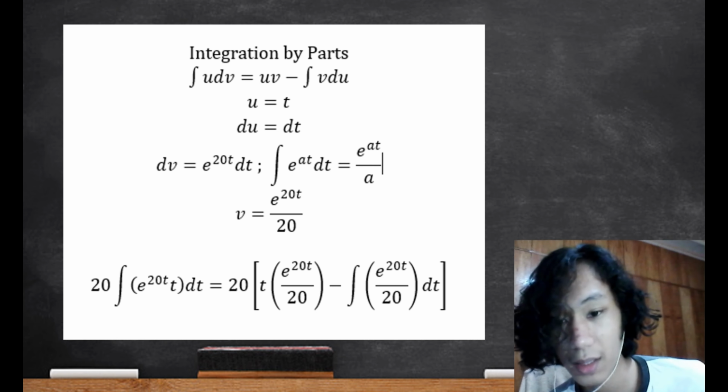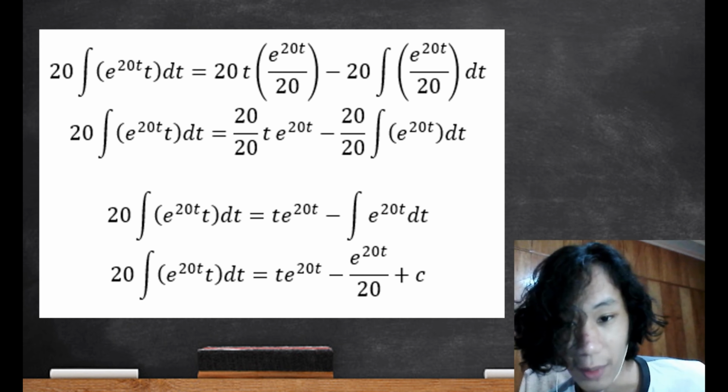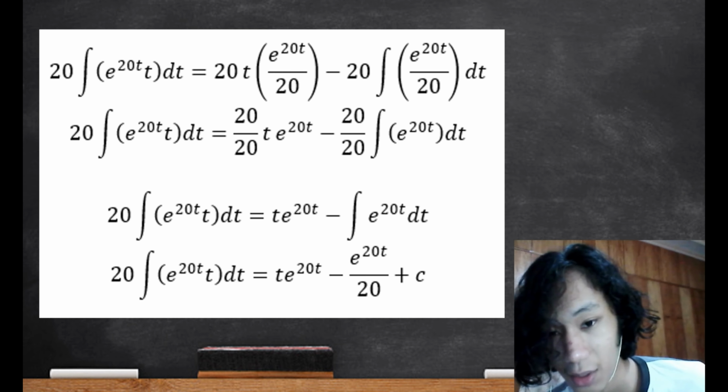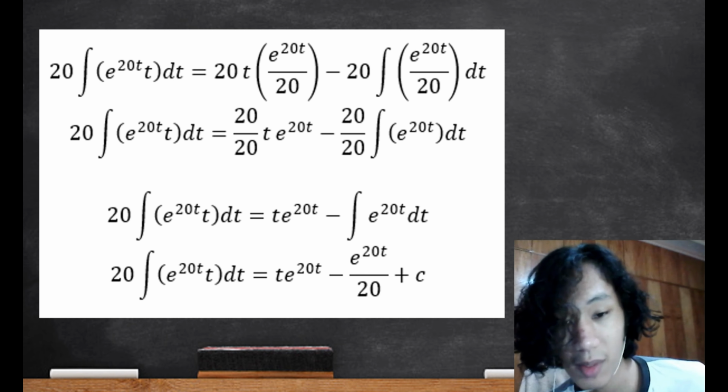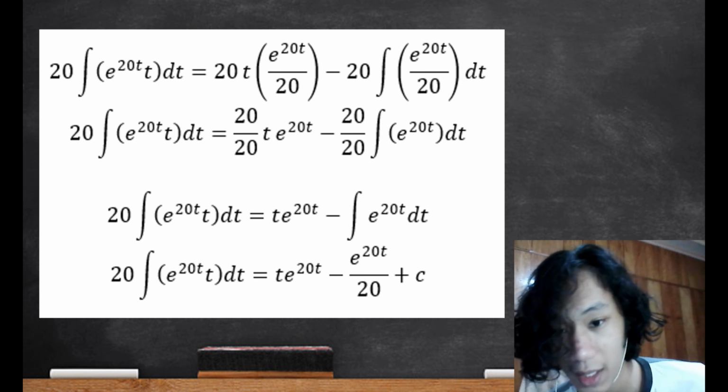Simplifying that equation, I will skip the left side of the equation to make this simpler. So we get 20 times t e raised to 20t over 20 minus 20 times the integral of e raised to 20t over 20 dt.